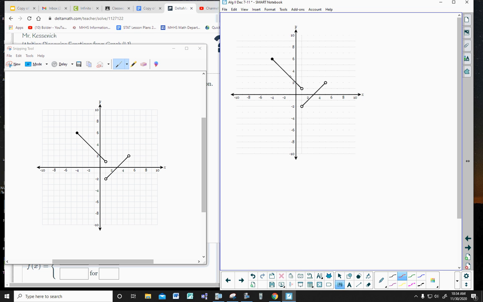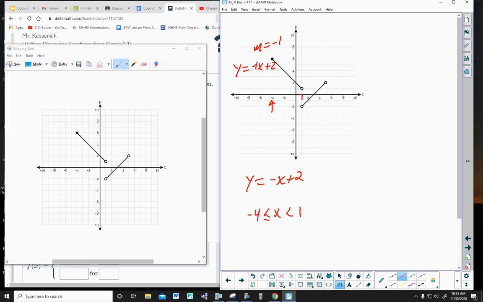So this is down one, right one, down one, right one. So the slope of this line is -1. The y-intercept is 2. So it's y is equal to -1x plus 2. It's defined between -4 and 1. So y is equal to -x plus 2 is good when it's trapped between bigger than and equal to -4, but strictly less than 1.